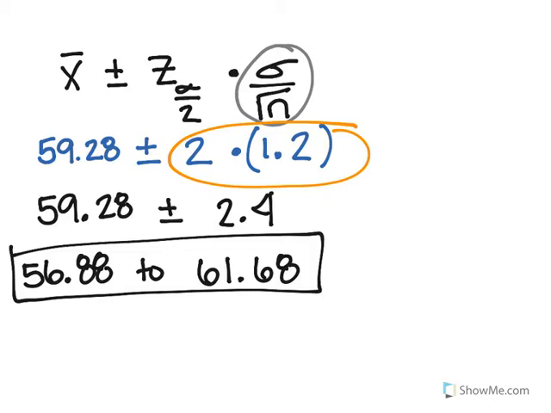Now, what you just found was the range that our population mean should fall based upon a 95.44% confidence interval. So let's put this back into our terminology. We were looking at prices of mobile homes. So what this is telling me is that my population mean price should fall anywhere between $56,880 to $61,680. The mean should fall somewhere in between.